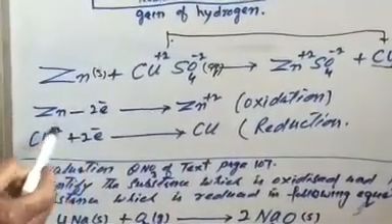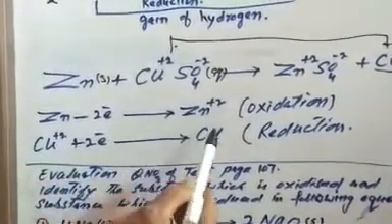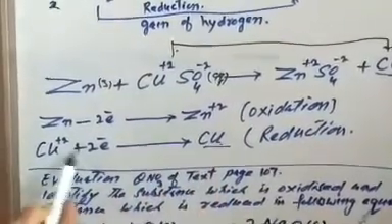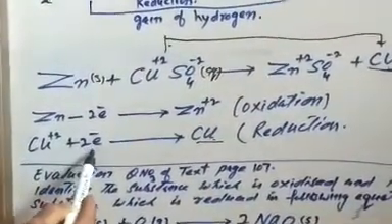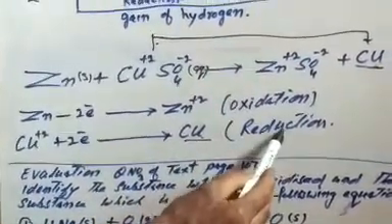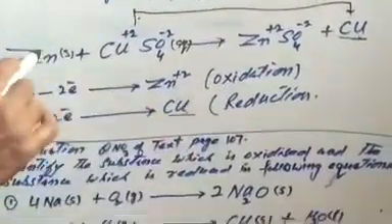These 2 electrons are gained by Cu2+ copper cation and forms copper atom. So Cu2+ has gained 2 electrons, and gain of electrons is called reduction. These two phenomena, oxidation and reduction, are clear in this chemical reaction.